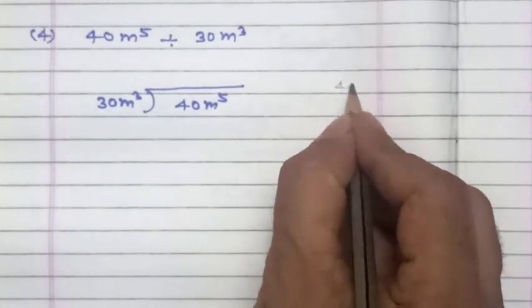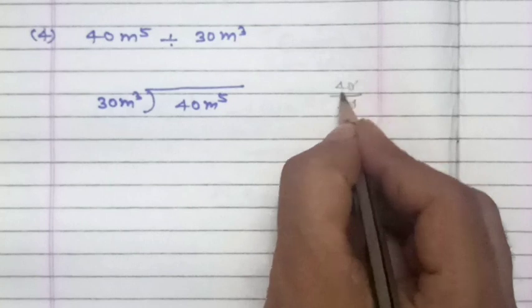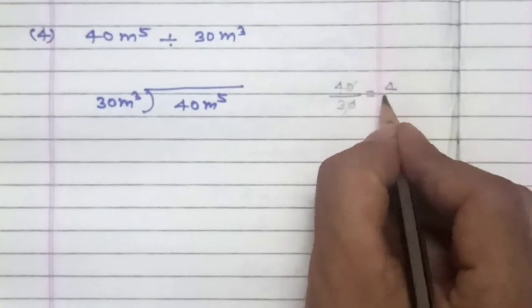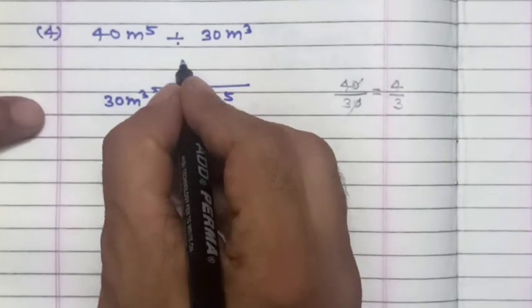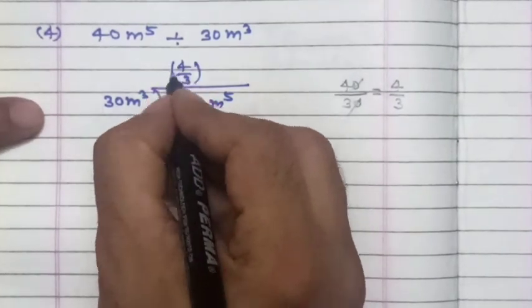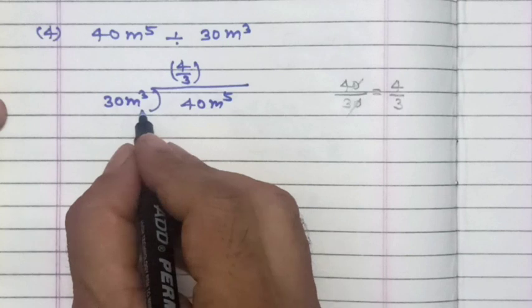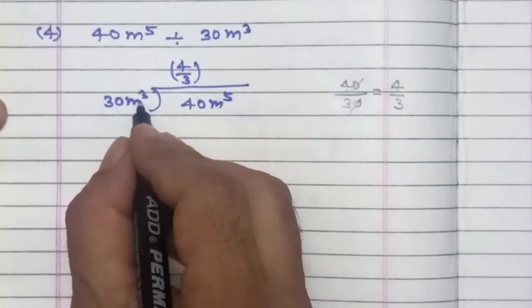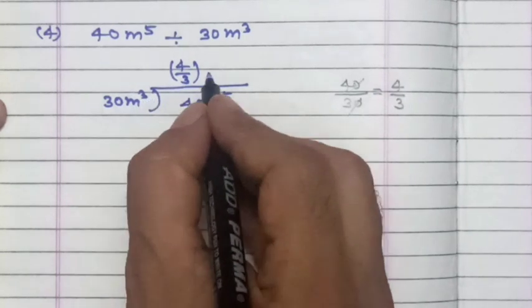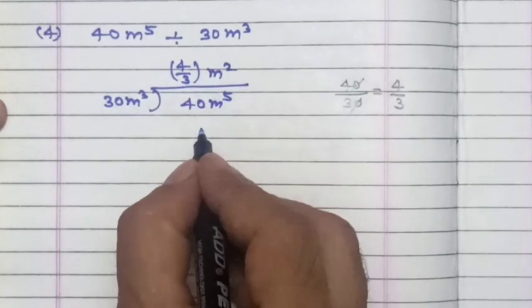If you don't know, write here 40 divided by 30, 0 cancels. You will get 4 upon 3. So it is 4 upon 3, and then it is m raised 5 and it is m cube. 5 minus 3 gives you 2. This is m power 2, that is m square.